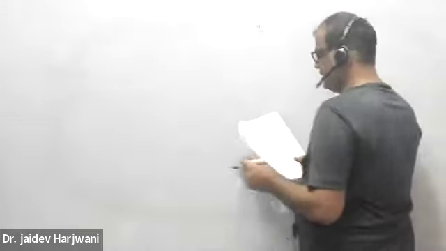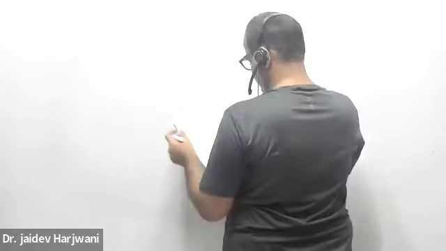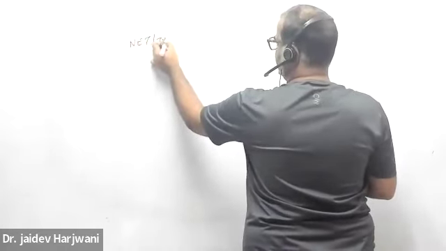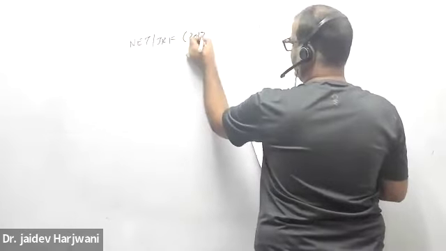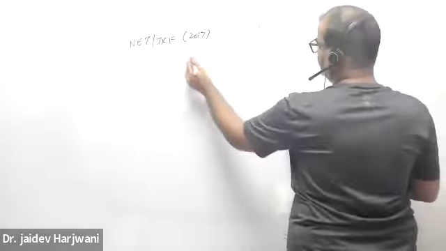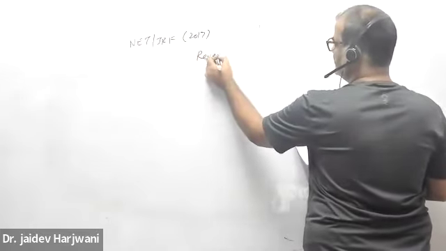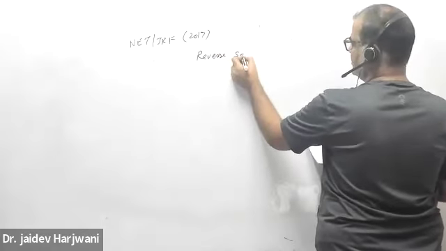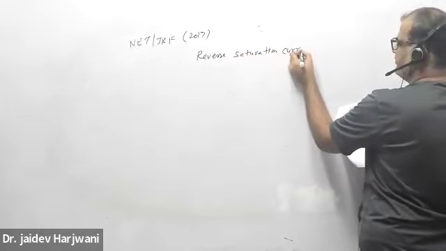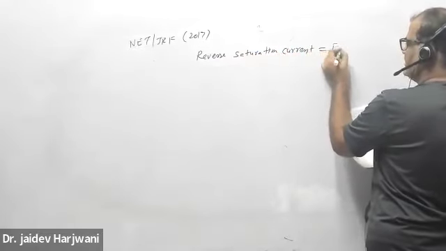Now, this question came in NET JRF 2017. They have given a PN junction, and the reverse saturation current is given as I naught.